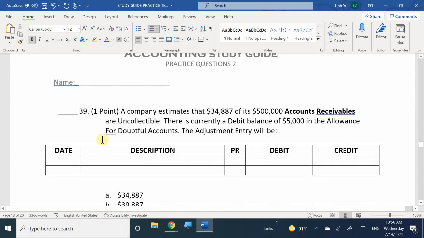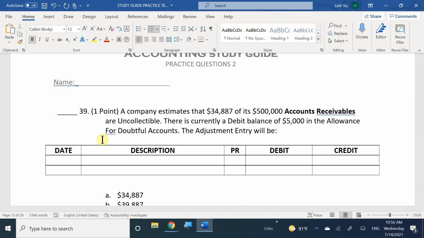Number 39. A company estimates that 34,887 of its 500,000 accounts receivable are to be uncollectible. There is currently a debit balance of $5,000 in the allowance for doubtful accounts.